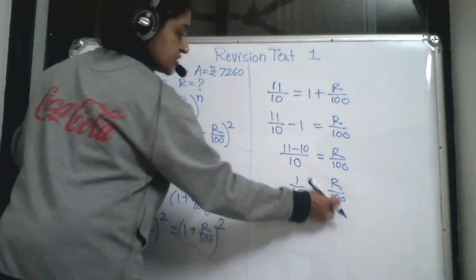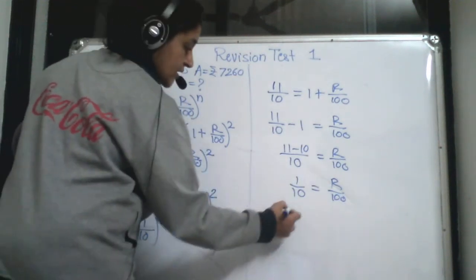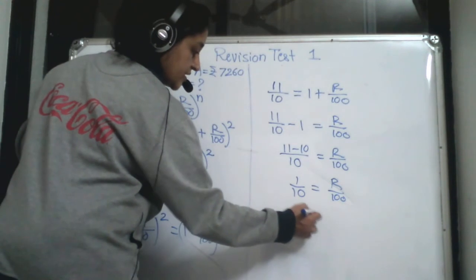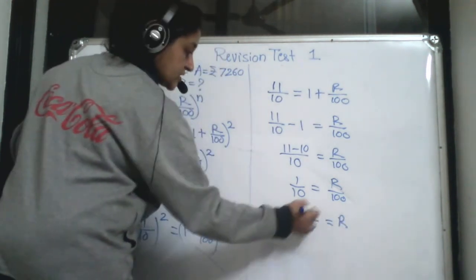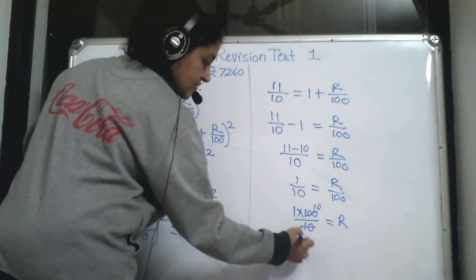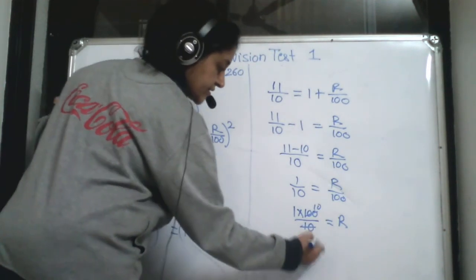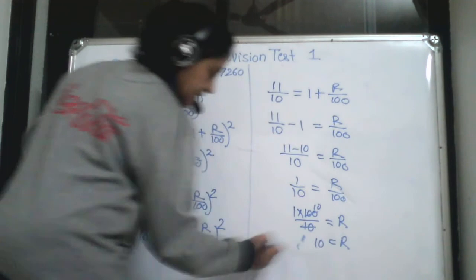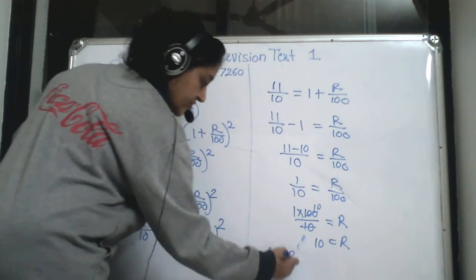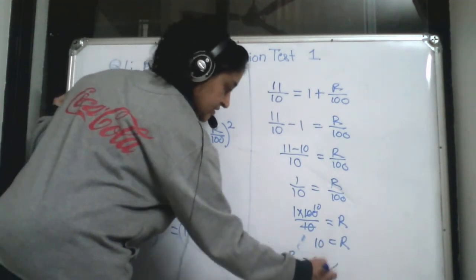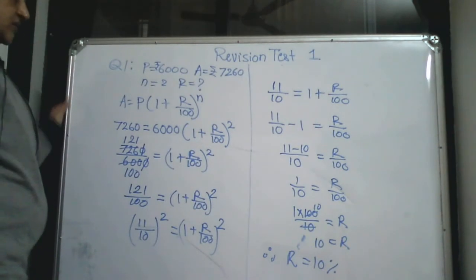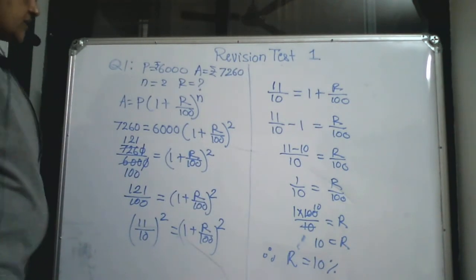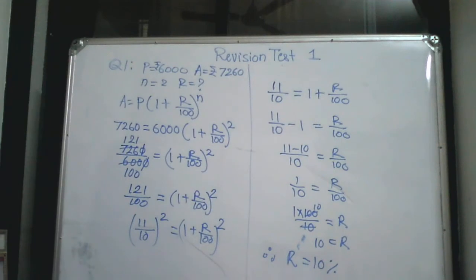Because it is in division, it becomes multiplication. That means 1 into 100 upon 10 is equal to R. 10 ones are 10, 10 tens are 100. Therefore, here 10 is equal to R we will write. Therefore, rate of interest is equal to what? 10% per annum. Hope you understood this, and if you have any queries, you can let me know through the comments.